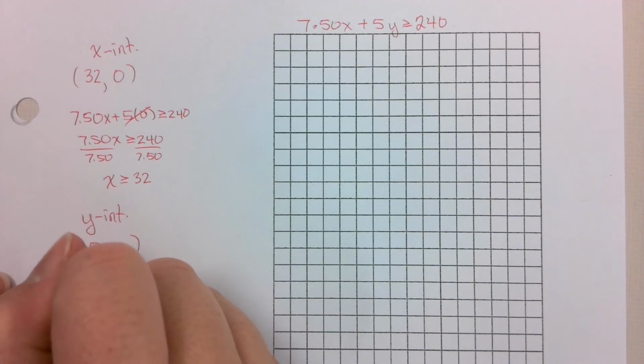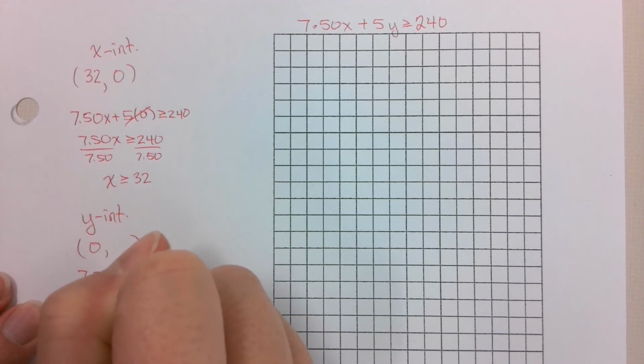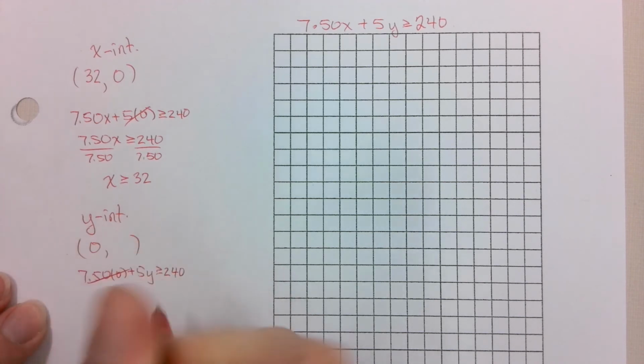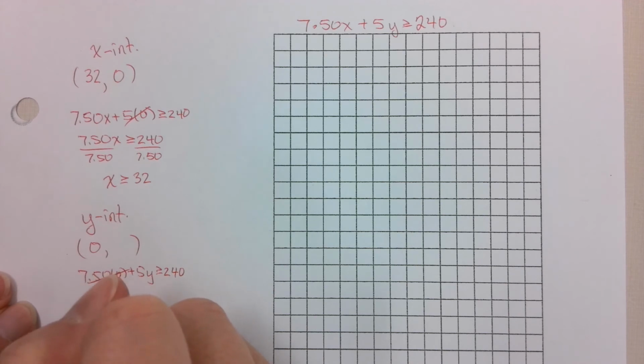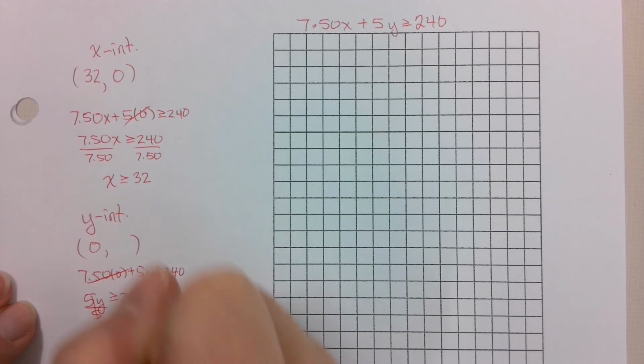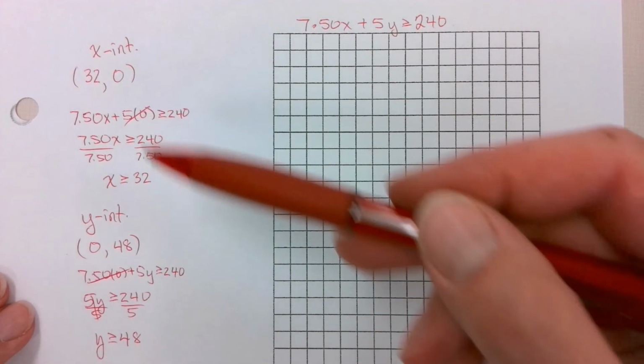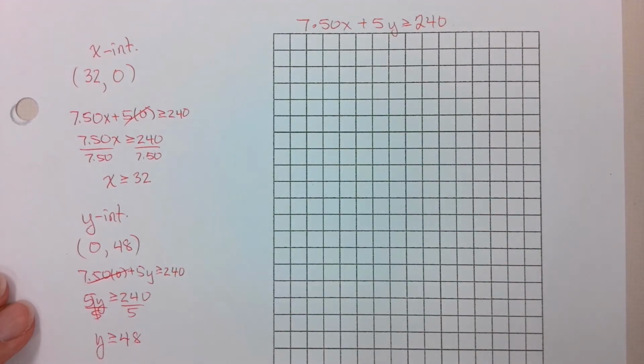So it'd be 7.50 times 0 plus 5y greater than or equal to 240. That's gone. 5y greater than or equal to 240. Divide both sides by 5. So I've got y is greater than or equal to 48. All right, so these are the 2 points I need to get to on my graph. And that helps me to know what to count by.